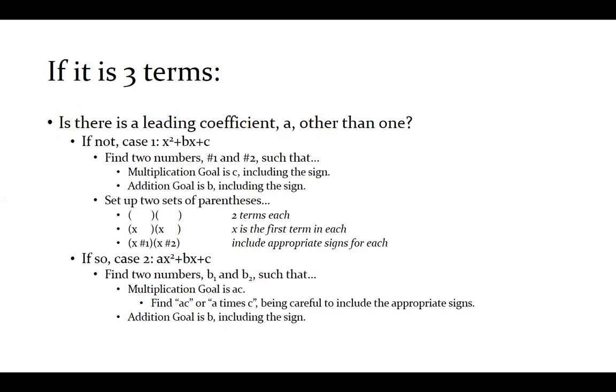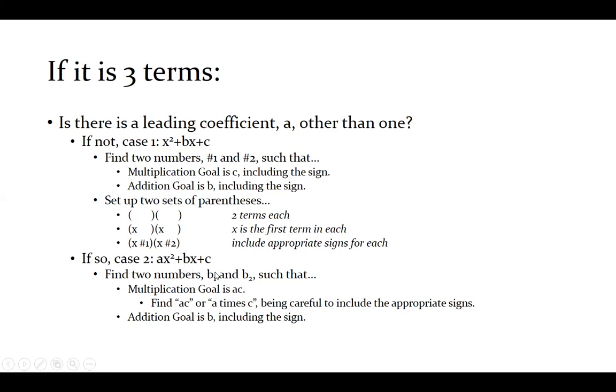But these two numbers, B1 and B2, this time we have a different multiplication goal. This time, instead of just C, it's AC. So we have to find AC, or A times C, being careful, again, to include the appropriate signs. The addition goal is still B, including the sign.